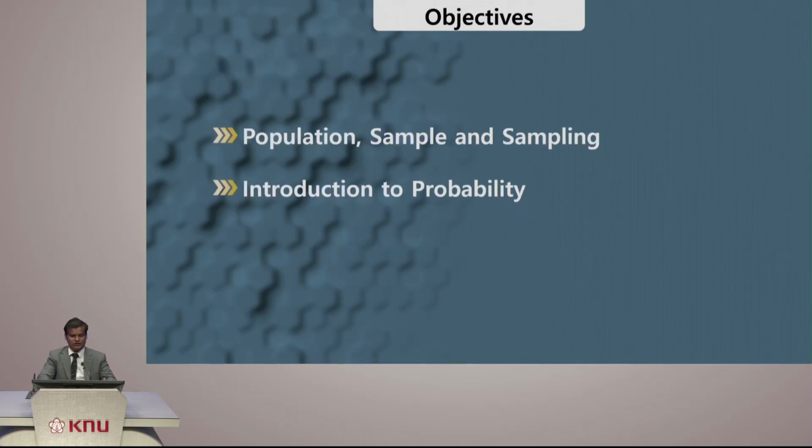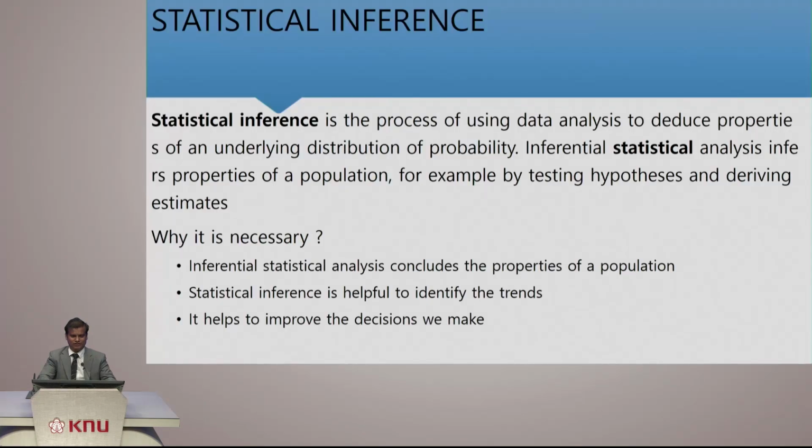And in this class, you are going to understand what a population, a sample, and sampling mean and why they are important. And we are going to see some introduction to probability as well. Let's start with the first topic.